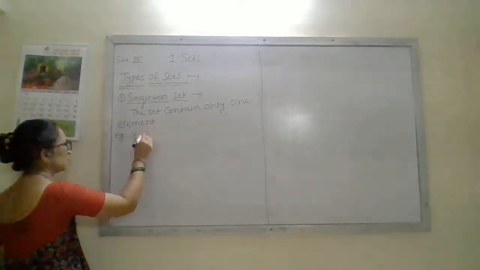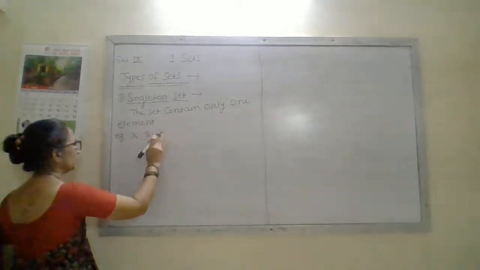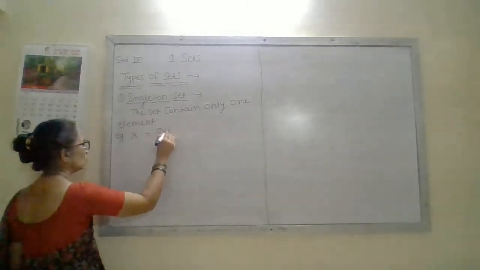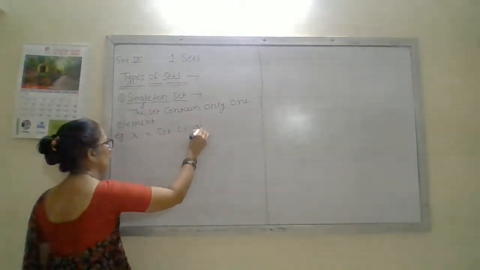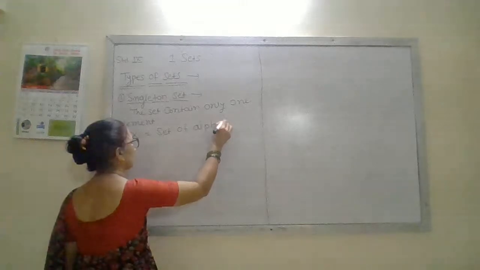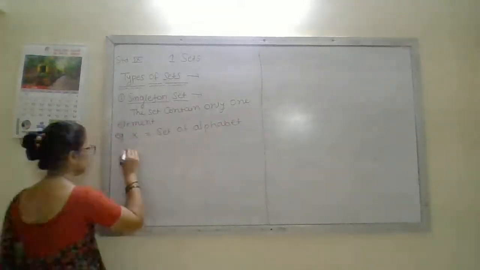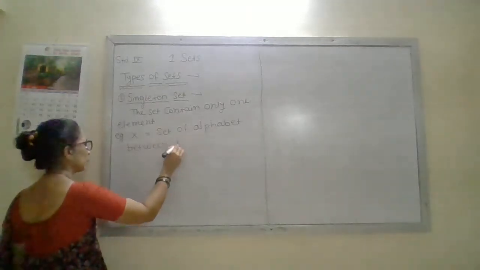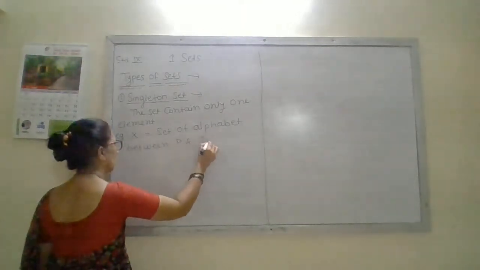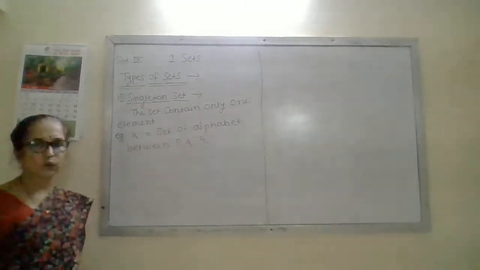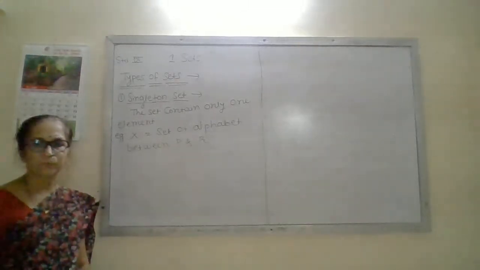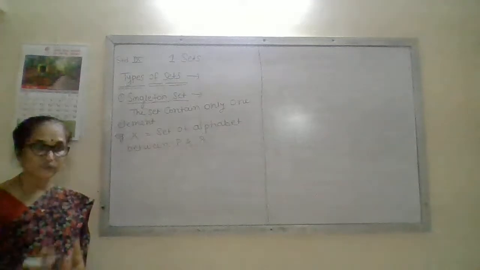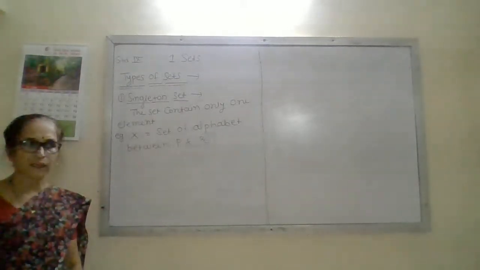Set X, first we are writing here X is equal to the set of alphabets between P and R. You know all the alphabets A to Z. Then which letter comes in between P and R?